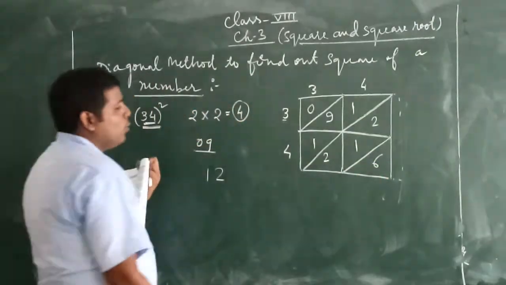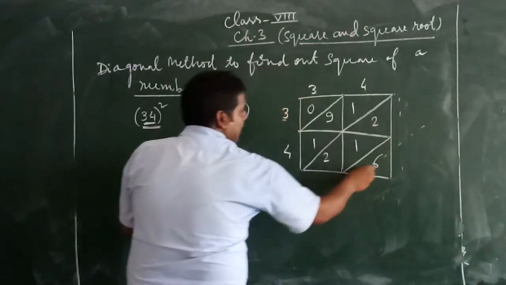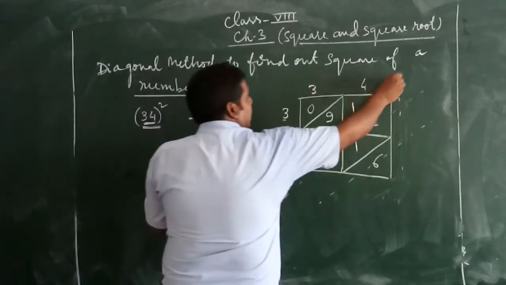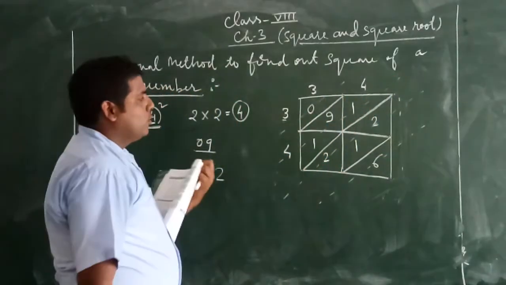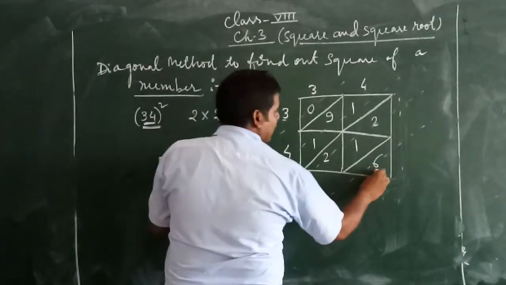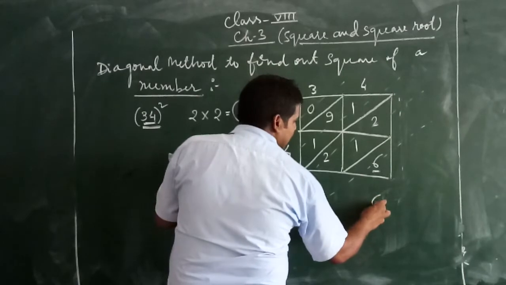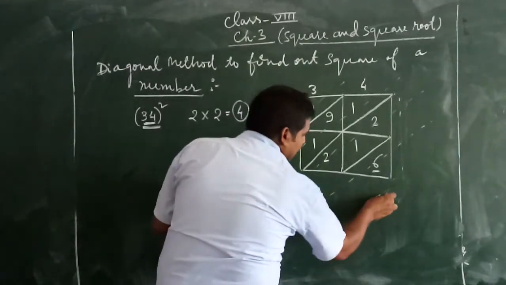Okay, now add the numbers diagonally. The first diagonal is this, the second diagonal is this, the third diagonal is this, and the fourth diagonal. In the first diagonal we have 6 only, so write 6 here and circle it.